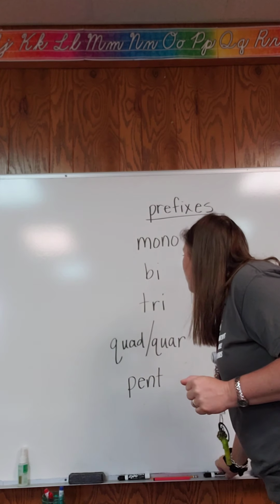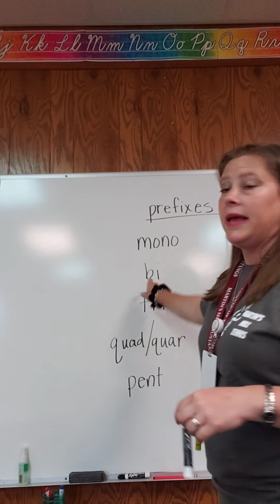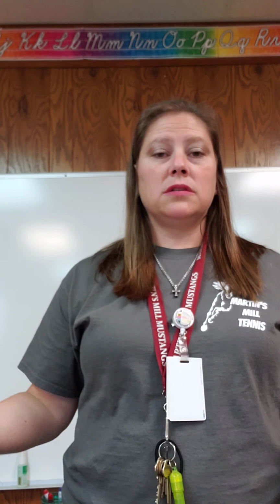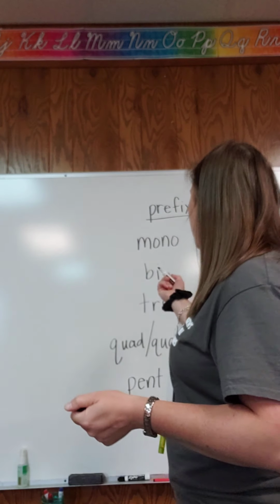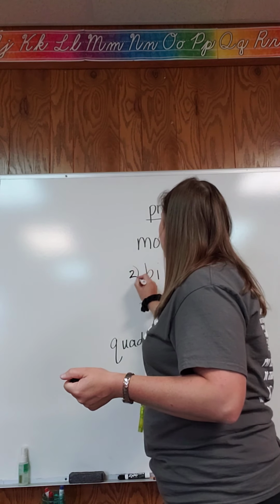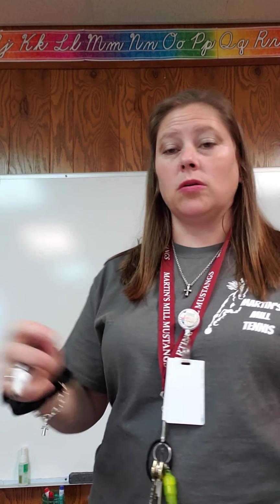So you might have right off the bat recognized bi, and you might have thought of your bicycle. And when you think about a bicycle, how many wheels does a bicycle have? That's correct, it has 2. So bi is going to be a prefix that means 2, like a bicycle.